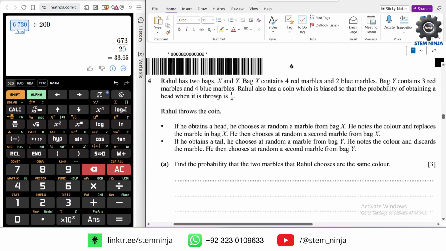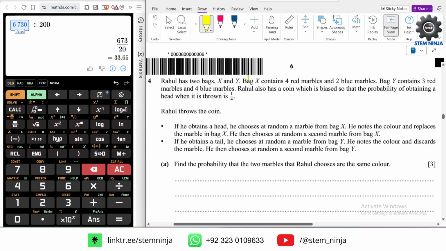Question number 4. Rahul has 2 bags, X and Y. Bag X contains 4 red marbles and 2 blue marbles. Bag Y contains 3 red marbles and 4 blue marbles. Rahul also has a coin which is biased so that the probability of obtaining a head is 1/4. Rahul throws a coin.